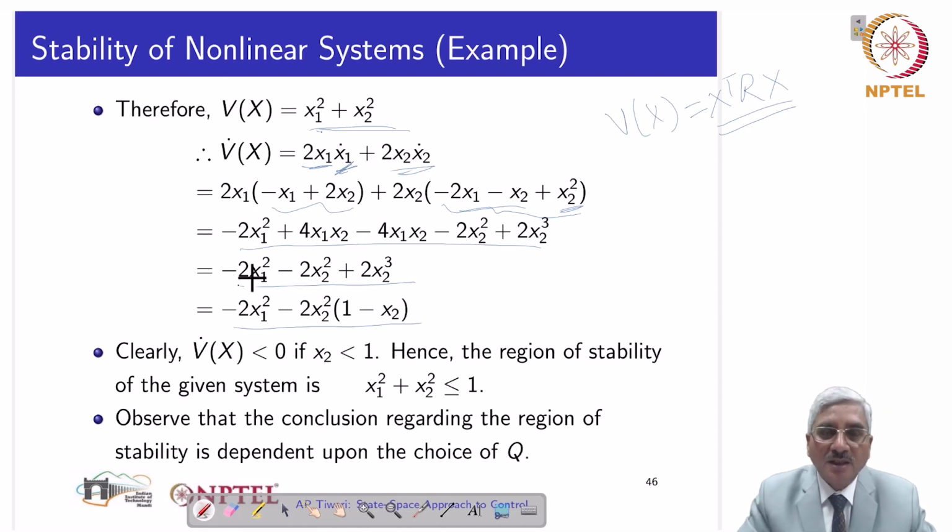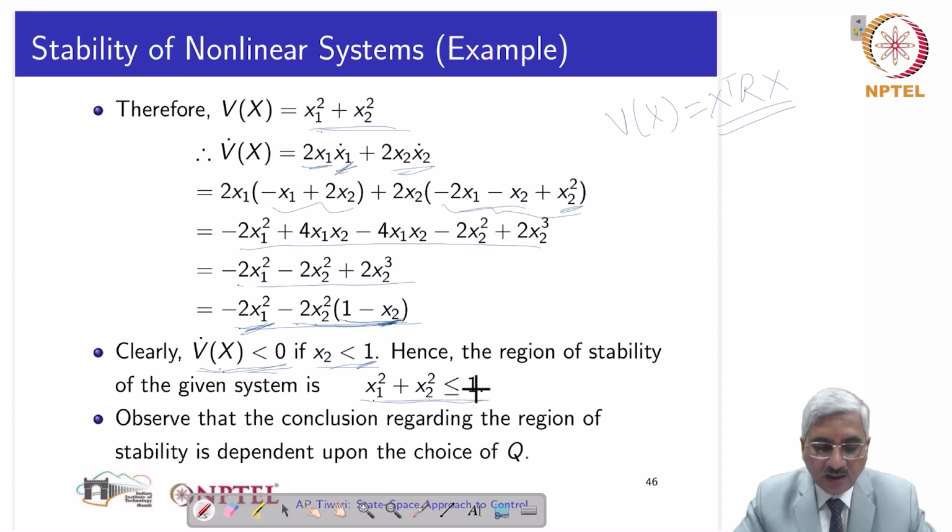We have to find a K, that means radius of Vx, in which V dot will be negative. And we see that one simpler thing to say is that if x2 is less than 1, we get this condition.